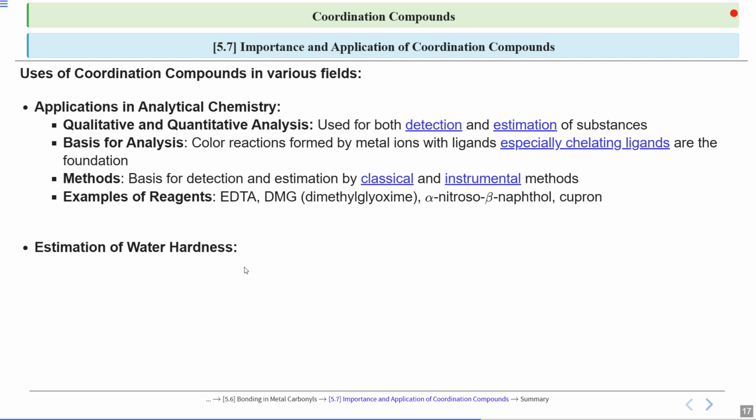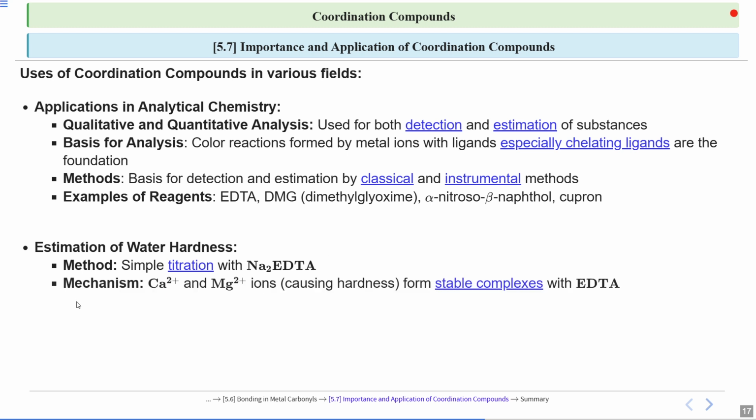Estimation of water hardness. The water hardness is estimated by the method of simple titration with Na2-EDTA. Okay, now we are doing the titration with this coordination compound Na2-EDTA. The mechanism involves the calcium 2 positive and magnesium 2 positive ions, which are the causes of hardness due to which the water gets hardened.